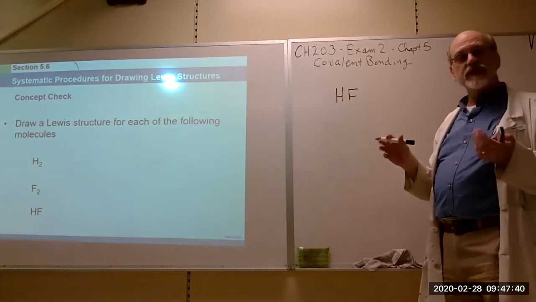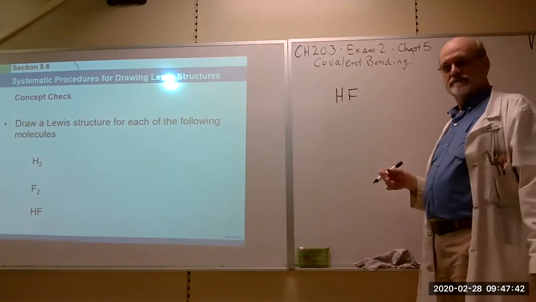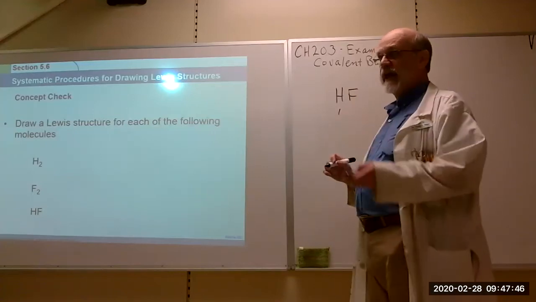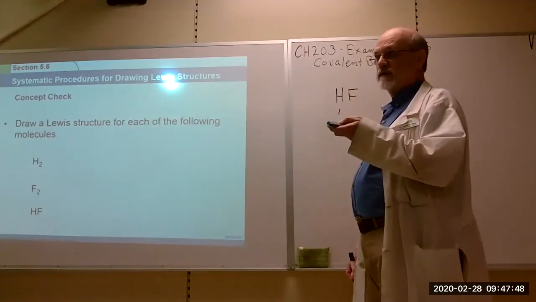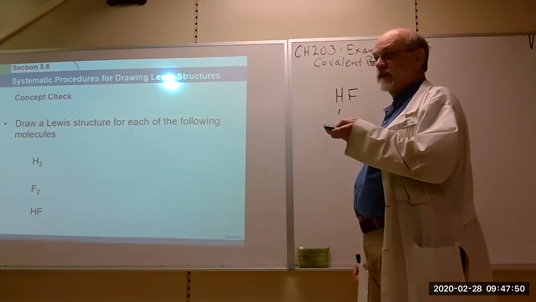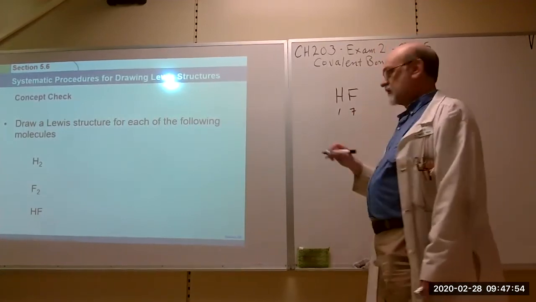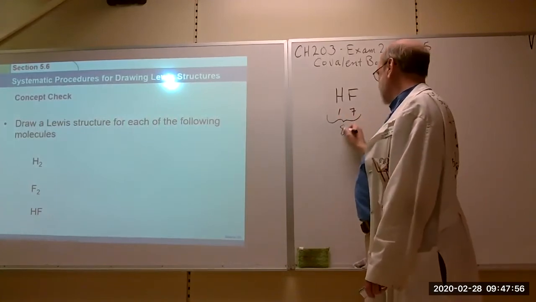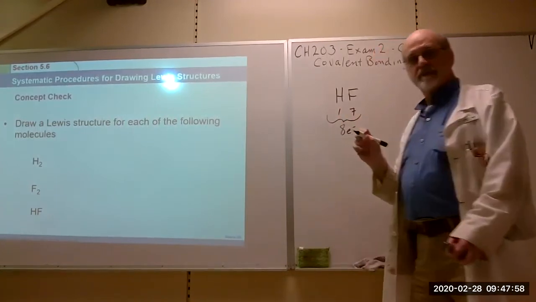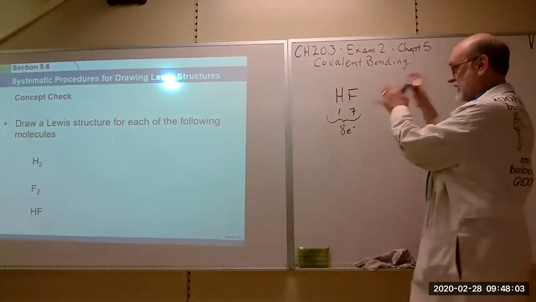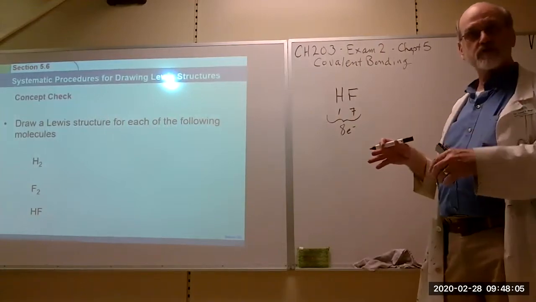The first thing you do is count up all the valence electrons. Hydrogen's got 1. How many does fluorine have? We'll look from the left: 1, 2, 3, 4, 5, 6, 7. 7 valence electrons. So that means we have 8 electrons total to distribute in our Lewis structure.